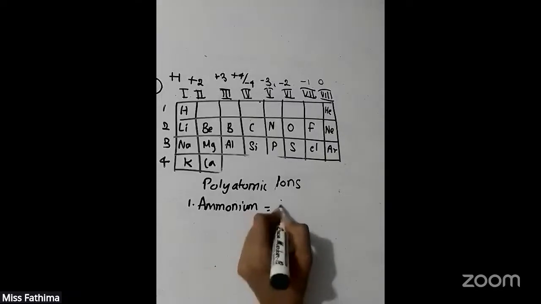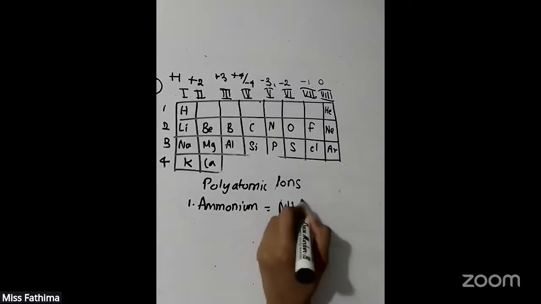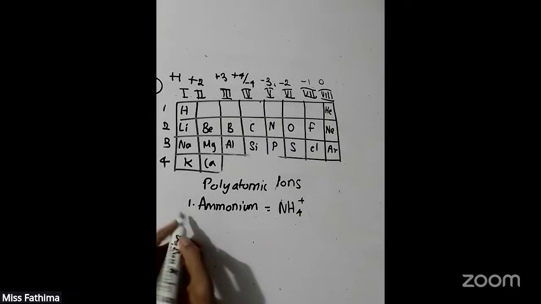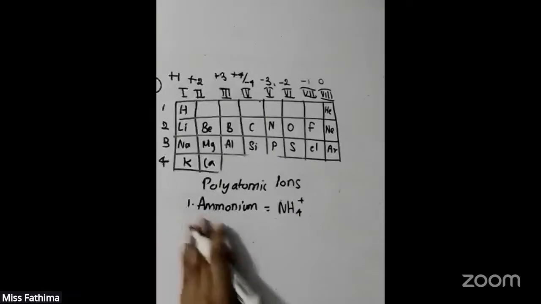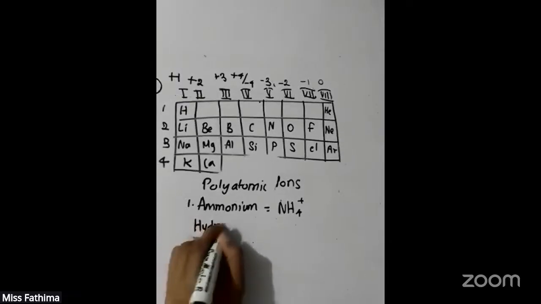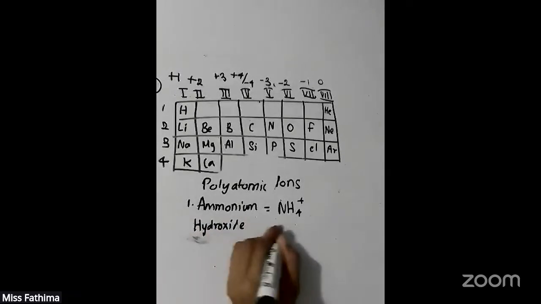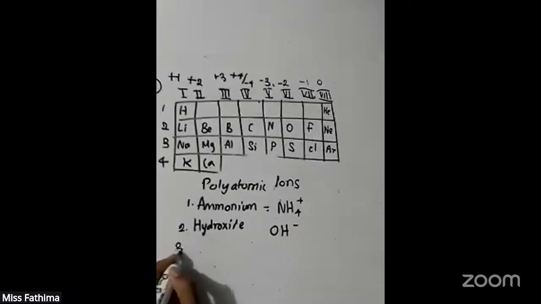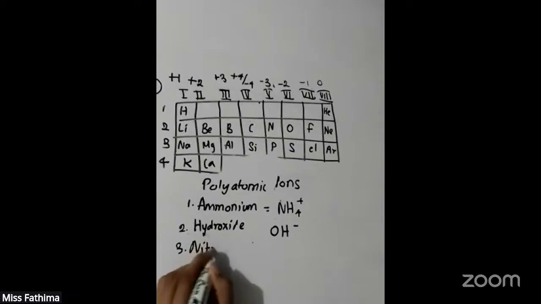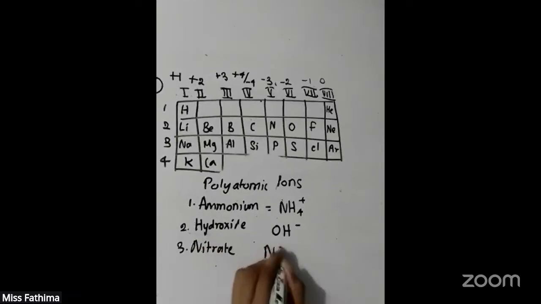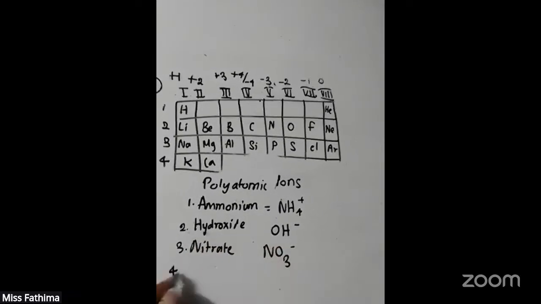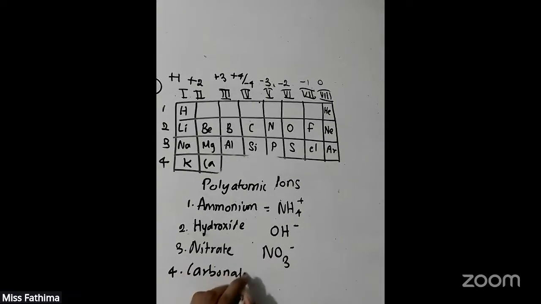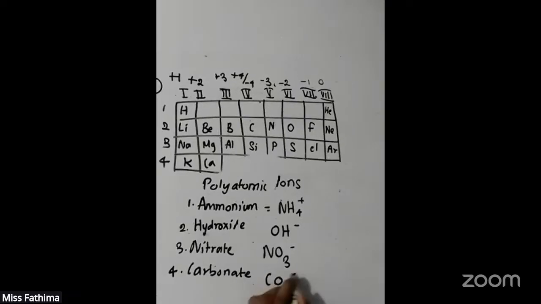First one is ammonium, NH4+. You don't write 1 normally, then plus. Then you have to remember hydroxide, OH-. Very good. Then the third one, nitrate, NO3-. Fourth one you can remember as carbonate, CO3 2-.